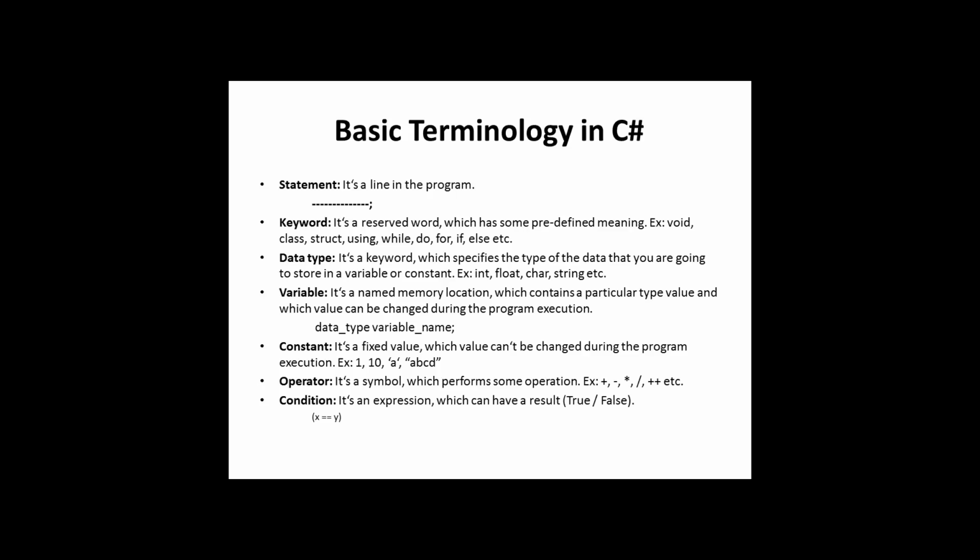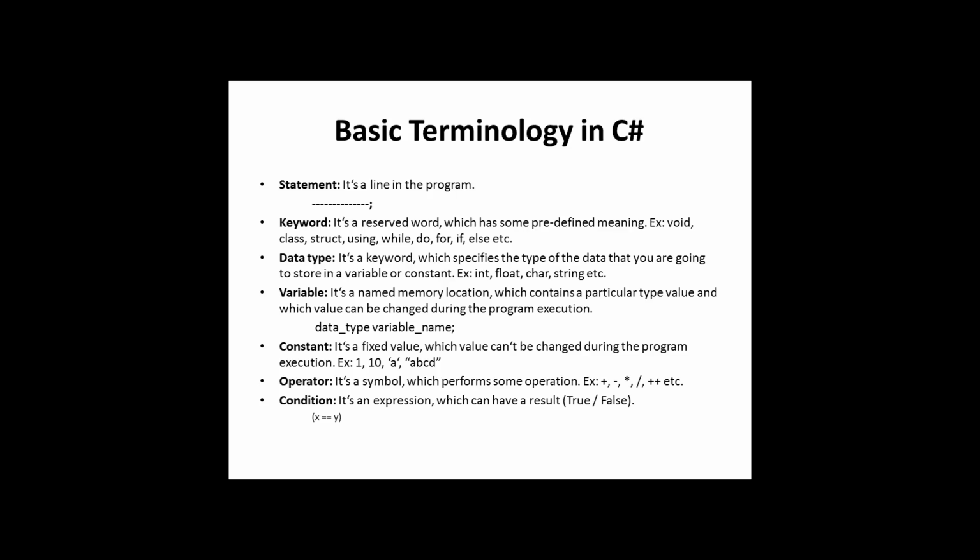It's a bigger float, it accepts large numbers after the decimal. I will tell you the whole hierarchy, don't worry. That is called a data type. Data type specifies what kind of data you are going to store.